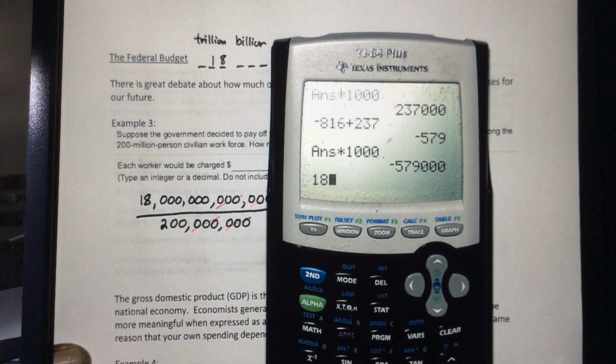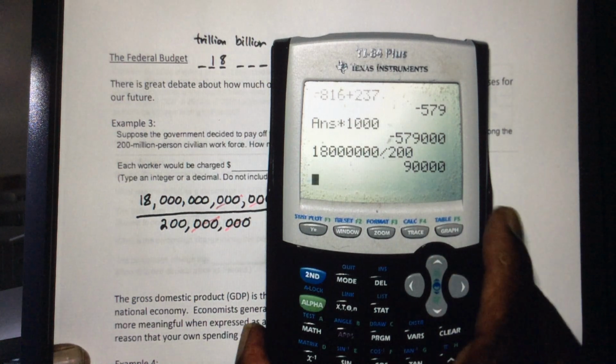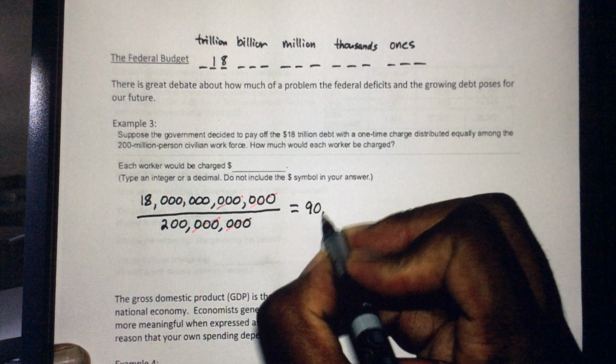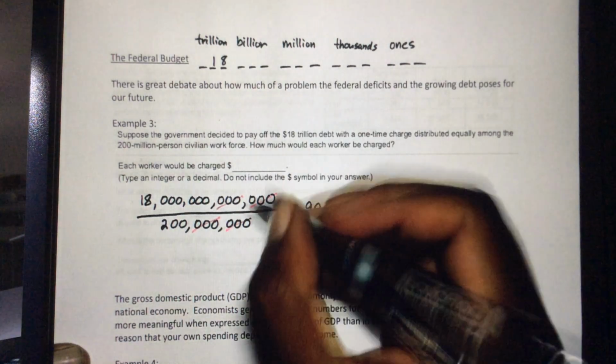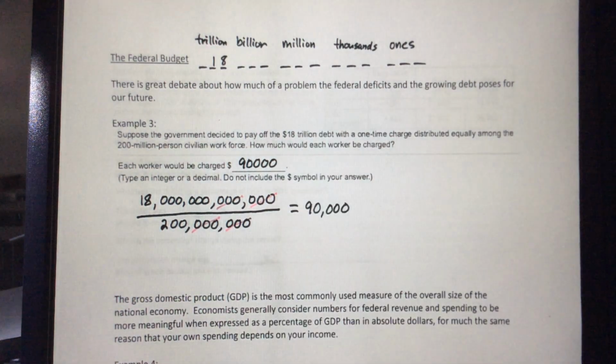So what I'm going to do is take the 18 with 6 zeros, divide that by the 200. And that will give me an answer of 90,000. So each worker will be charged $90,000 based on that. Okay.